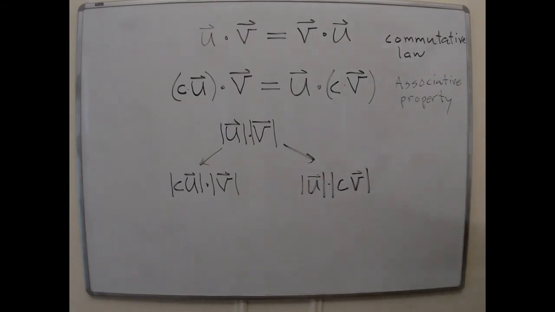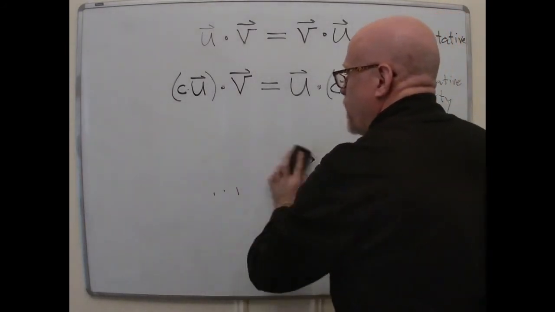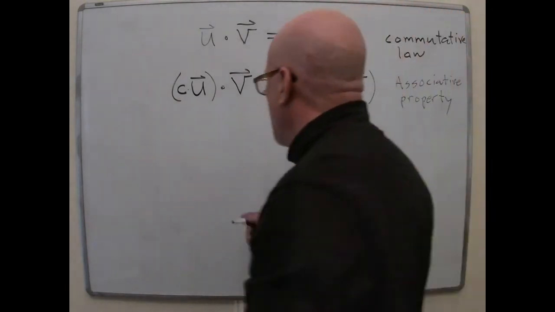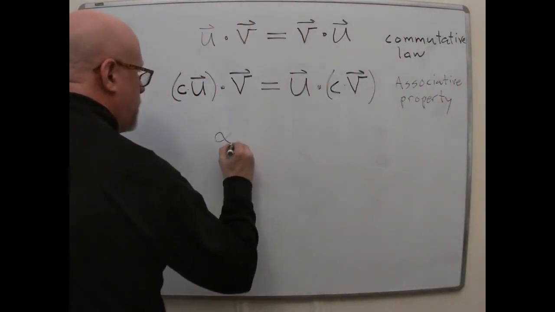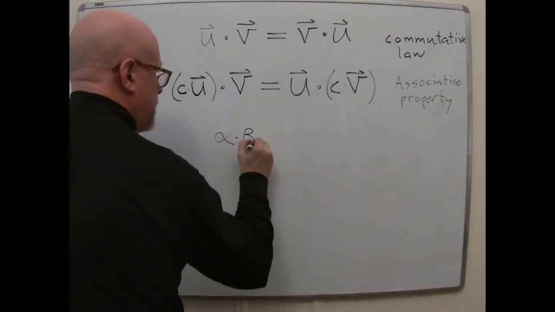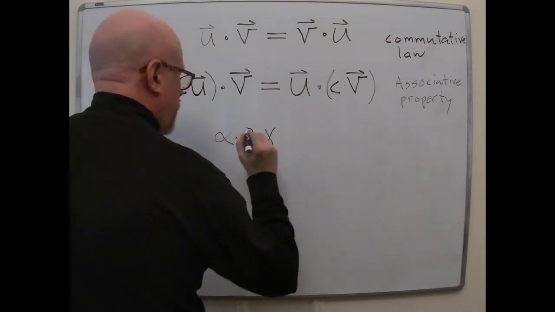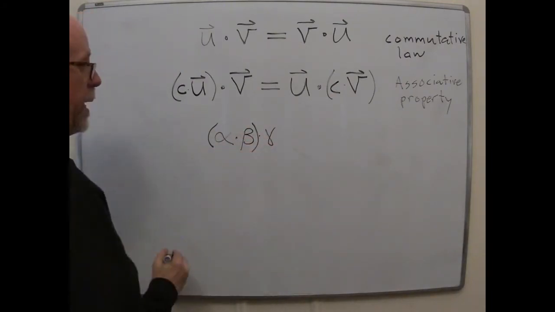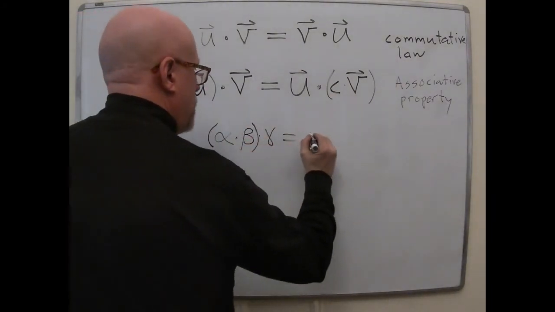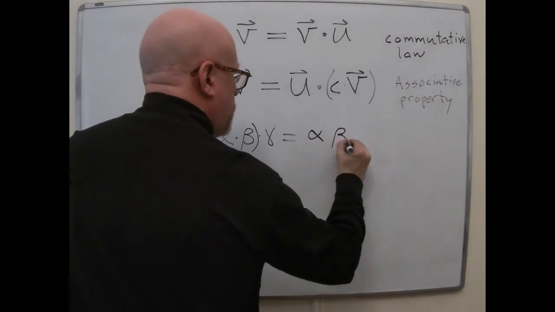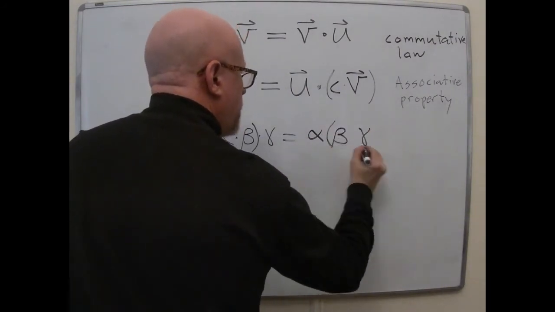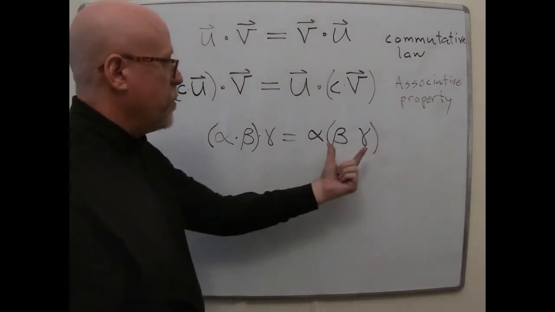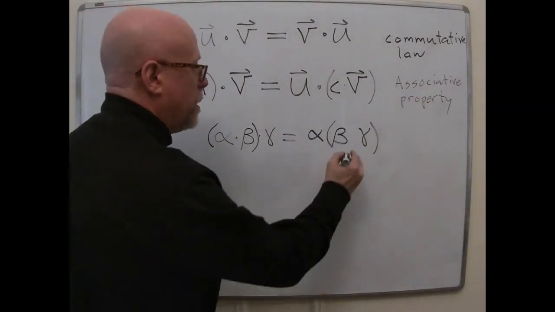I should show you what associativity really looks like before I just confuse you about this. Associativity normally involves three numbers, alpha, beta, and gamma. You can either parenthesize them like that, or you could keep them in the same order and parenthesize it like that. That is, do the first two and then the third, or the first with the product of the second and third.